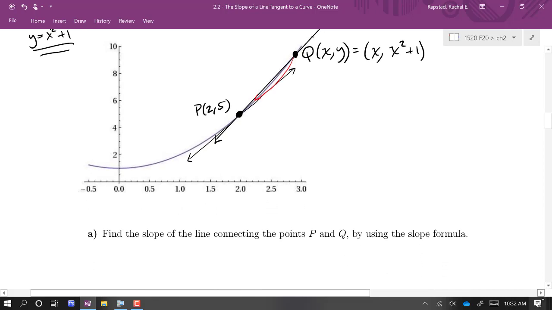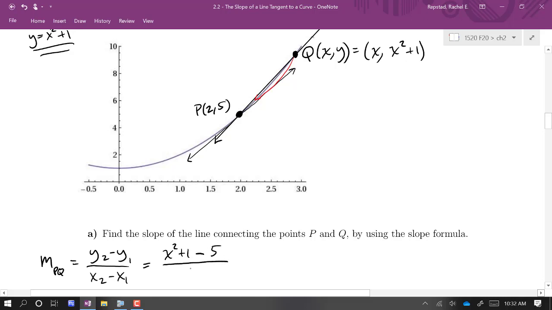Before we do that, first we're just going to get an expression for the slope of that secant line. So the slope of the line connecting points P and Q, rise over run. I'll treat point Q like it's my x2, y2, so on top we have x squared plus 1 minus 5.